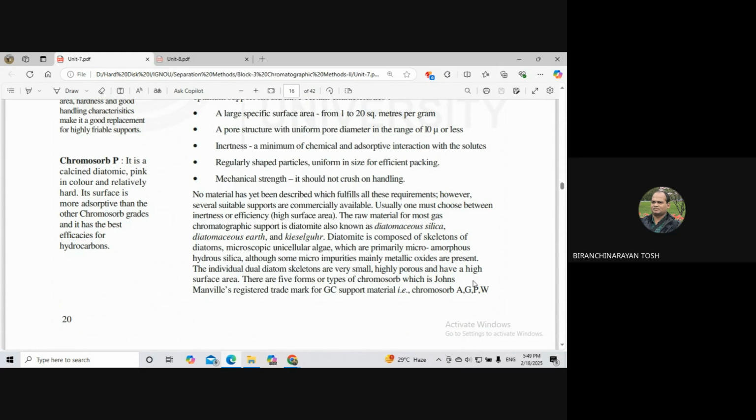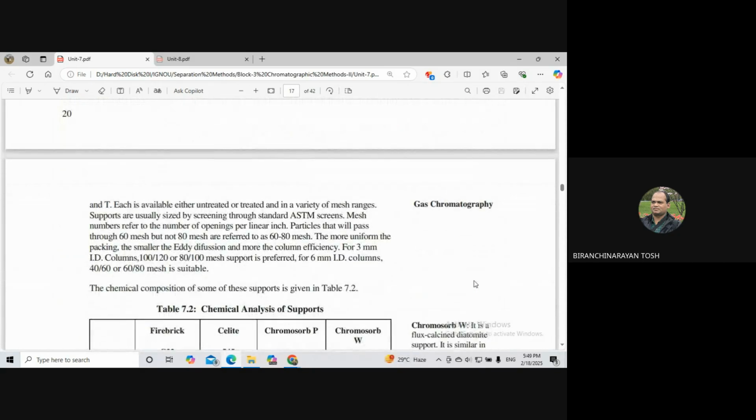Then, the more uniform the packing, the smaller the eddy diffusion and the more the column efficiency. For a 3 millimeter internal diameter column, 100 by 120 or 80 by 100 mesh support is preferred. For a 6 millimeter internal diameter column, 40 by 60 or 60 by 80 mesh is suitable. That means the particle size.